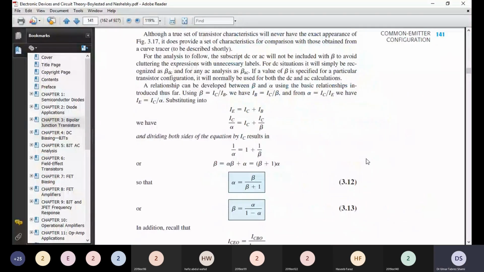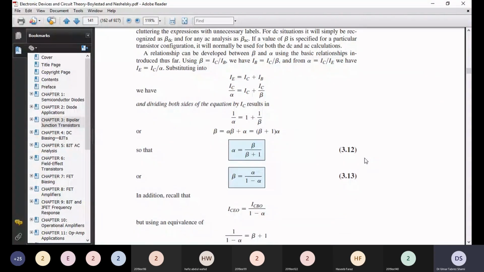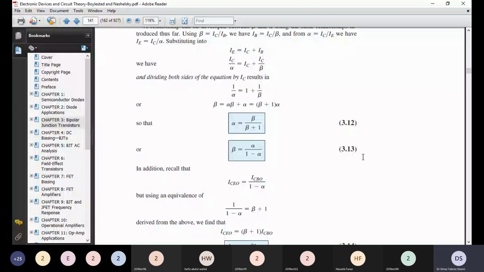Now we can always establish a relationship between beta and alpha. To establish this relationship, let us start from our well-known equation, that the emitter current is equal to collector current plus base current. The base current in terms of collector current can be written as IC over beta, and the emitter current in terms of collector current can be written as IC over alpha.